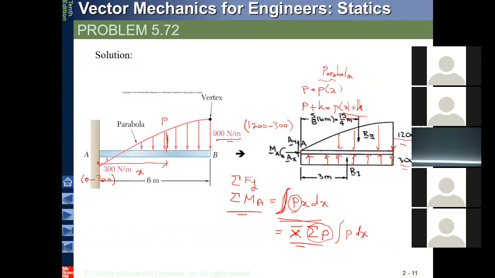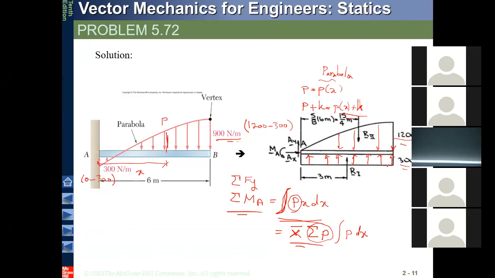So instead of doing that, we can write this distributed load as the sum of two distributed loads. One, a simple parabola, which has 1200 at one end and 0 at the other, plus a distributed load of constant force. So if you sum these two distributed loads, then you're going to get this parabola, right? Is there any problem with that?